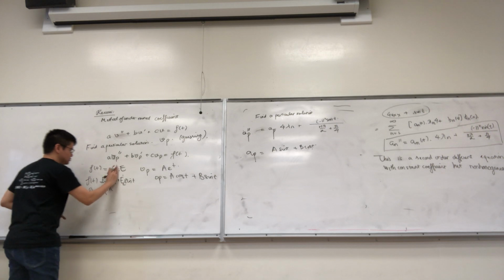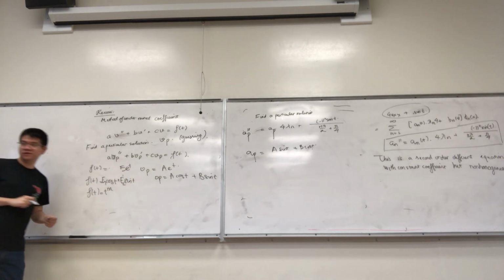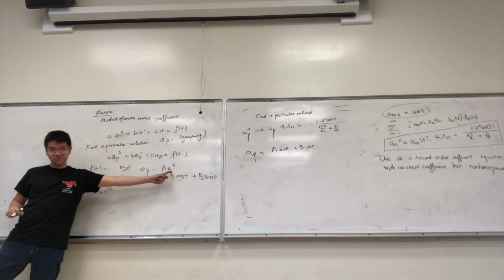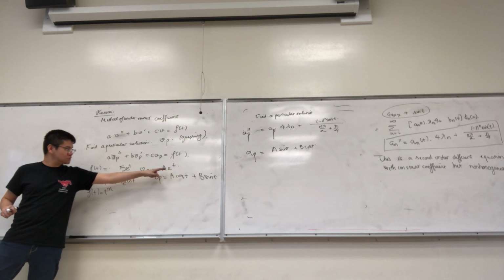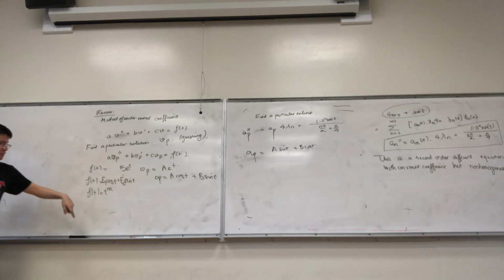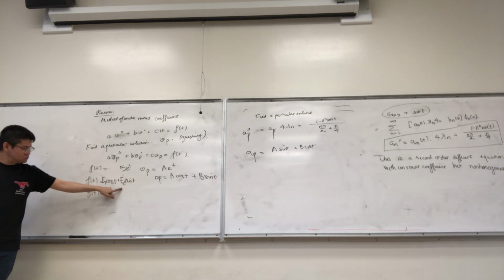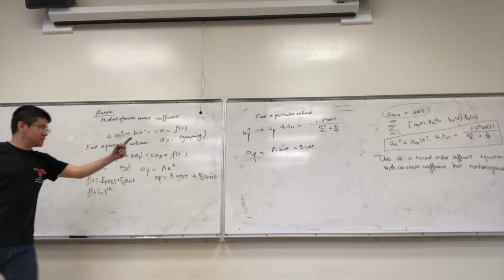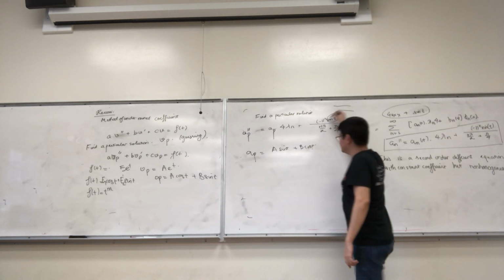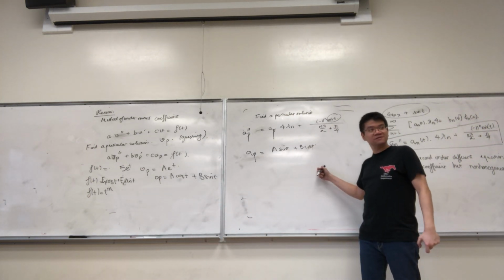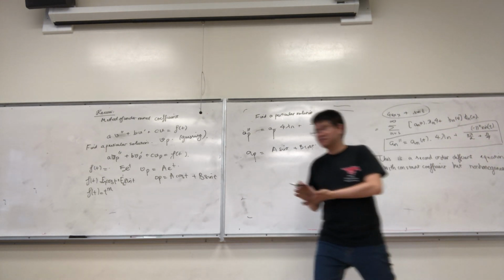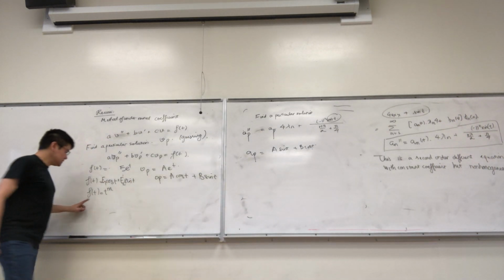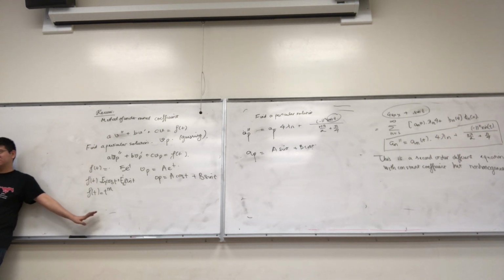When f(t) is exponential, a constant times exponential, the particular solution should be of the form A e to the t, and you substitute this into the equation and find A. When f(t) is c1 cosine t plus c2 sine t, the particular solution should be A cosine t plus B sine t. So in this case, you see that here you have a sine, so the particular solution should be A times cosine plus B times sine. All right? And in the last case, if the force is of the type t to the m, what is the form of the particular solution? A t to the m.